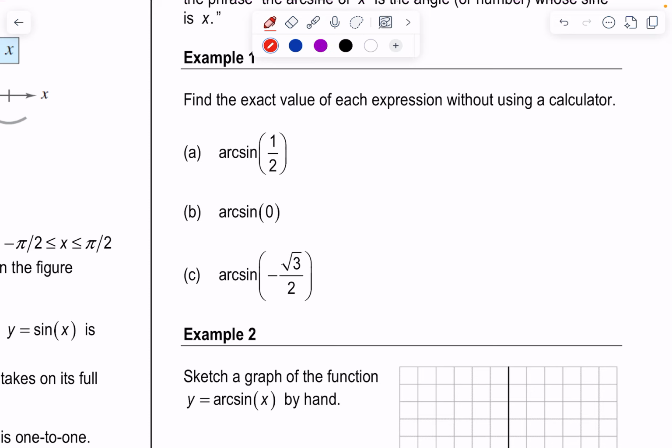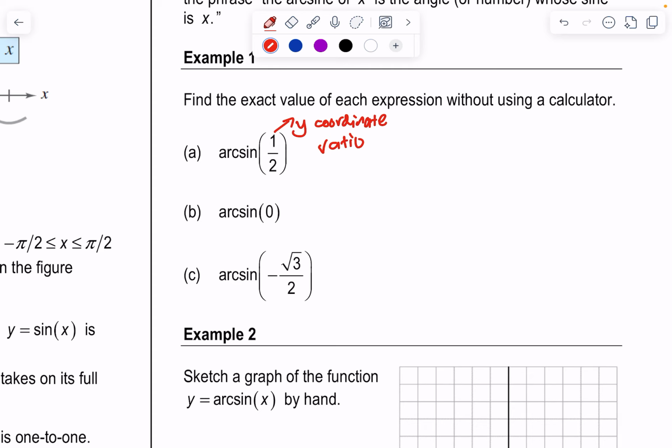Find the exact value of each expression without using a calculator. Remember, this is an inverse function: arc sine of 1/2. If you look at the unit circle and we're looking at the sine function, we're looking at the y coordinate, the y value. That's the ratio.